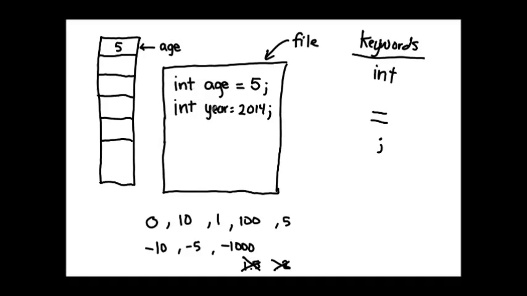And then it'll read our next line of code and it'll say, okay, now I'm going to create a variable called year. And I'm going to store the value 2014. And then our program is done because there's no more code left in our file.